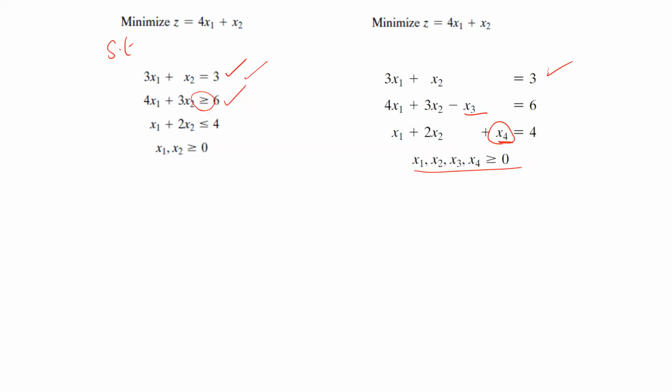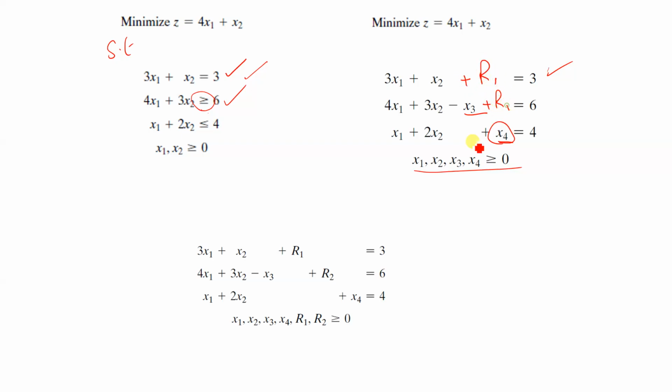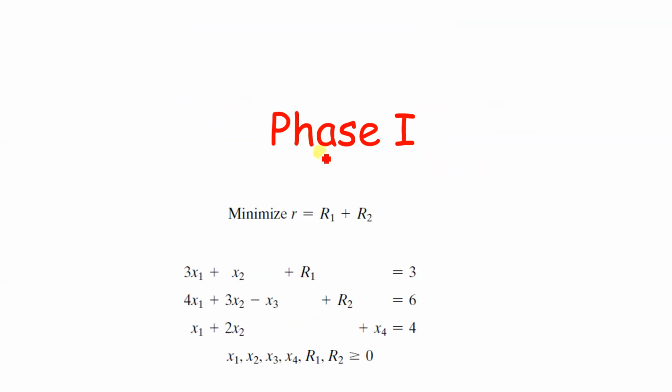Now by adding artificial variables, we have these equations. We have to add an artificial variable in the first equation and in the second equation, so that we can have an initial basic feasible solution to start with phase one. This is phase one.